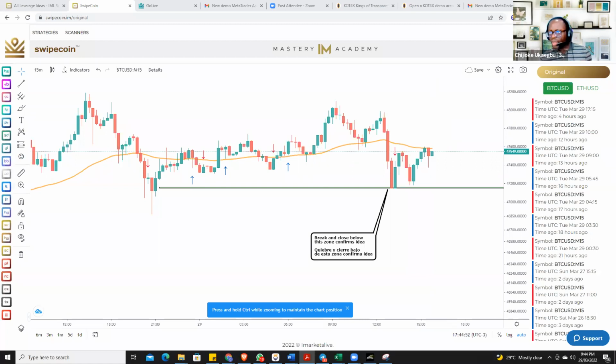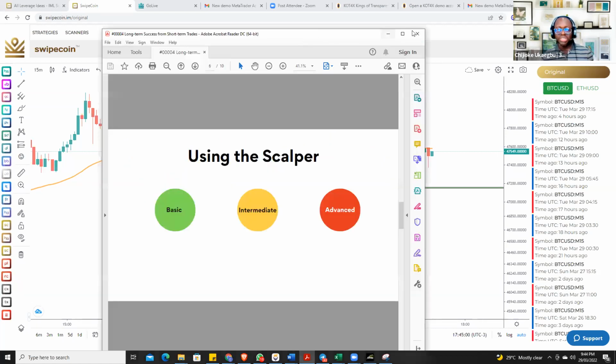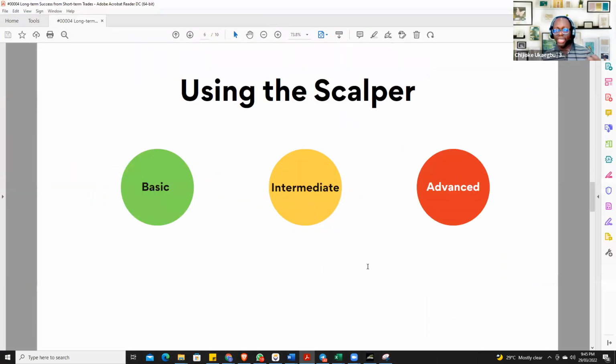All right. Now, before we come back to this tool and dive into it a bit more, let me just tell you that there are three ways you can use this Swipecoin scalper. There's what I call the basic way of using it, which is what we will do this evening. There is the intermediate way, and then there is the advanced way.